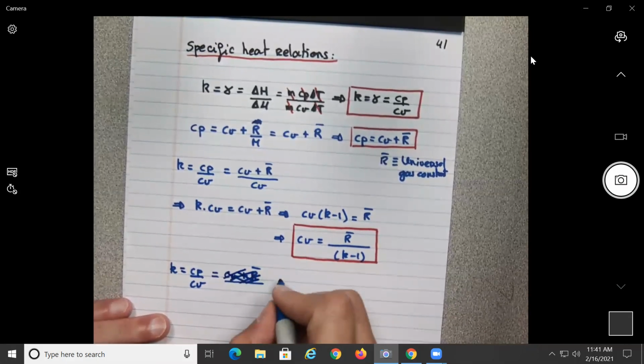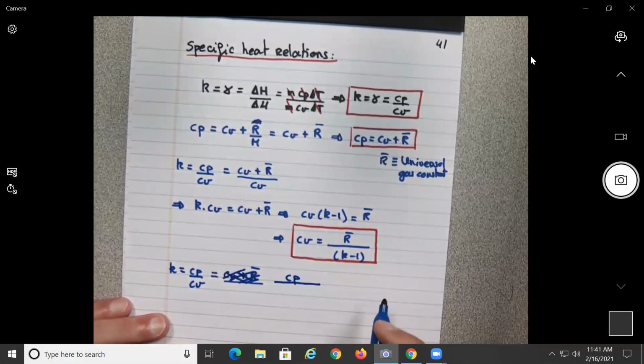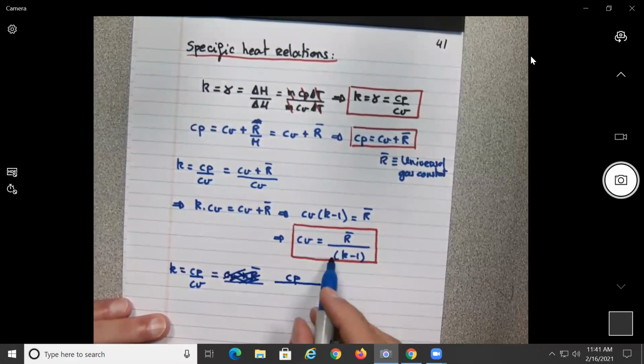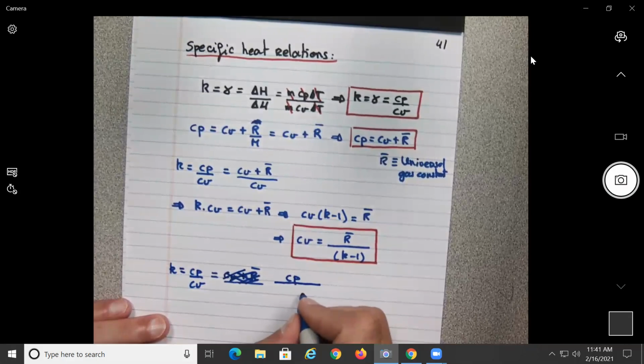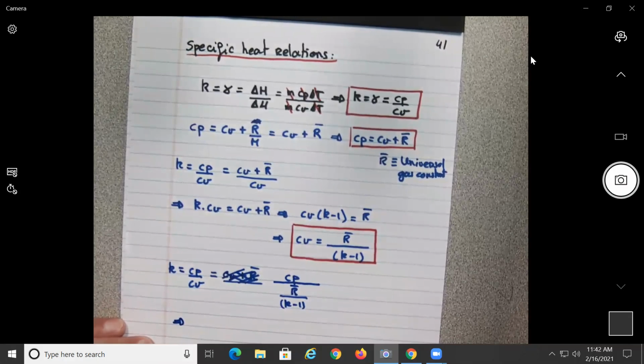It will be C sub P, and I can just replace this equation here, R bar divided by K minus 1. Okay, so let's do one more step.